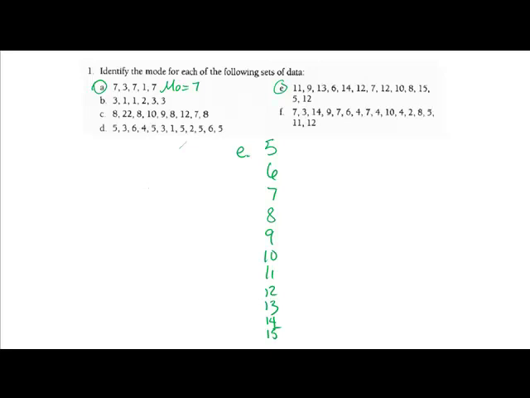So the first digit is 11. 11 appears once. The next digit, 9. 9 appears once. The next digit is 13. And I'm just going to go on down through the list.